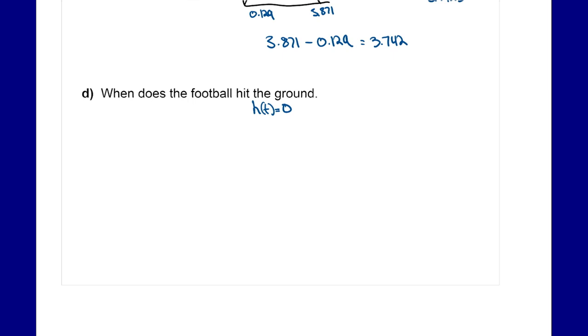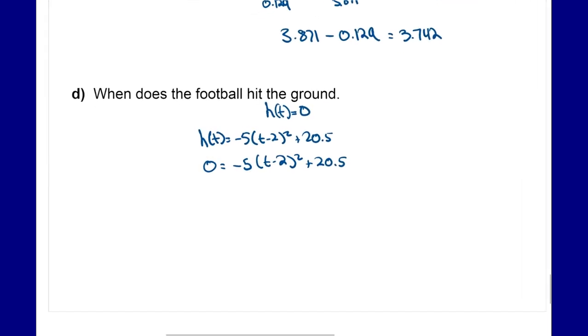We could plug this into our standard form and go through and factor, although I feel like this method of using the vertex form, h(t) = -5(t - 2)² + 20.5, replacing h(t) with 0 and solving for t might be a little bit easier because it ties in a lot of our solving equations.